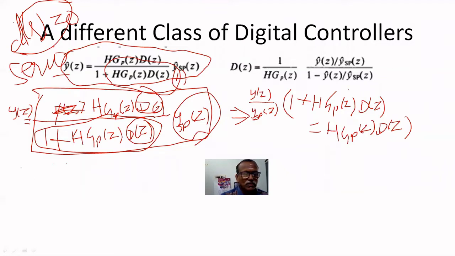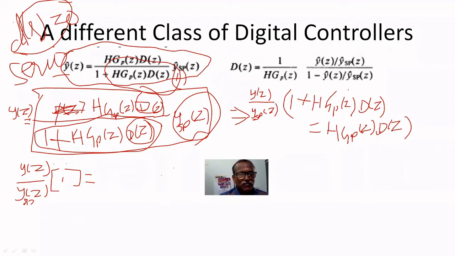What you will get? Y(z) by Y set point of z multiplied by 1 plus HGP(z) D(z) equals HGP(z) D(z).